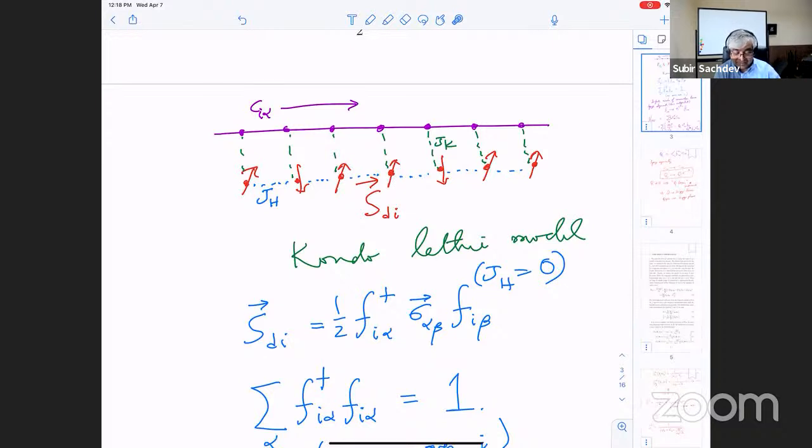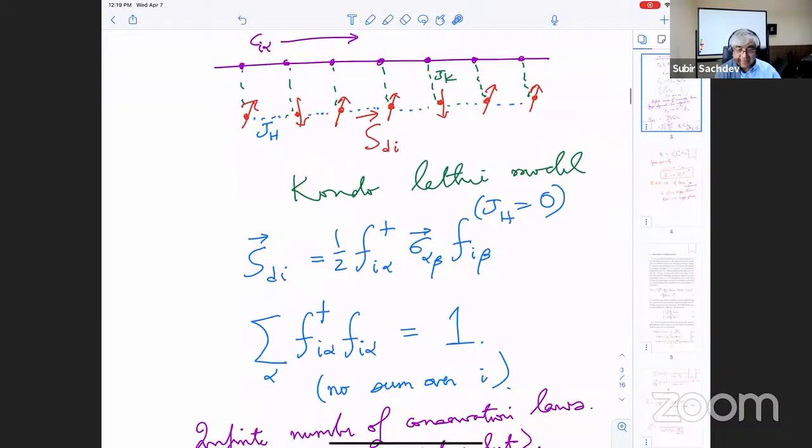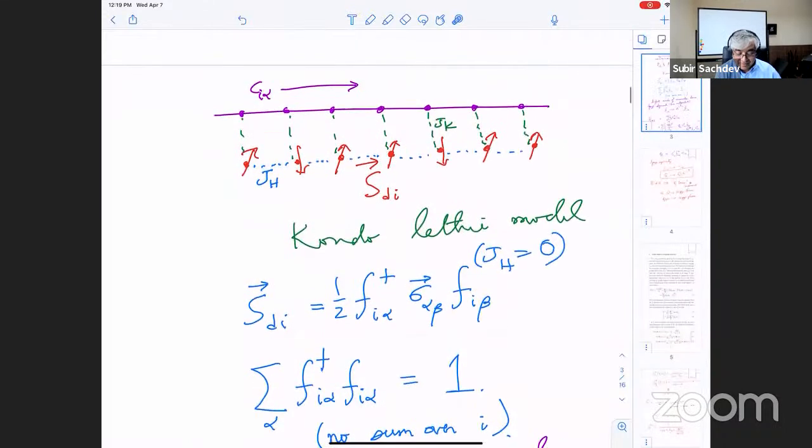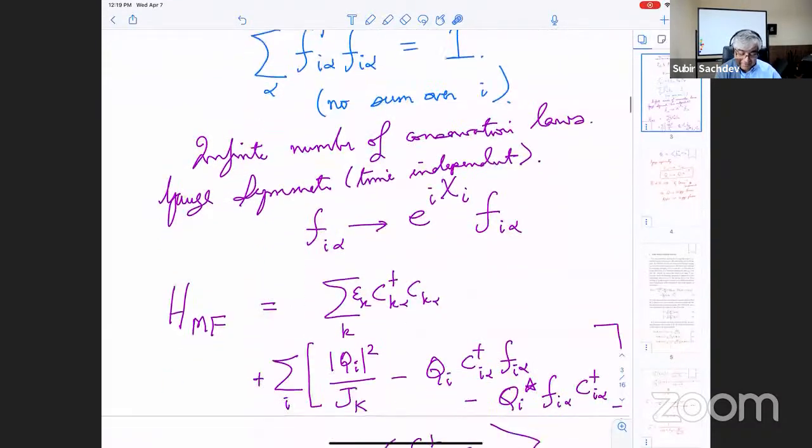It could be a superconducting qubit, it could be a Rydberg atom, it could be anything. It's just a degenerate two-level system with this sort of interaction. And nevertheless, this two-level system has become a fermion. It's become an electron and hybridized with the moving electrons to form a bigger Fermi surface.